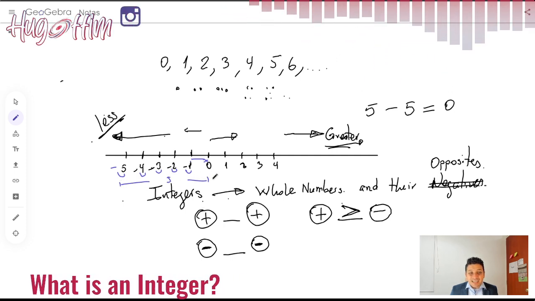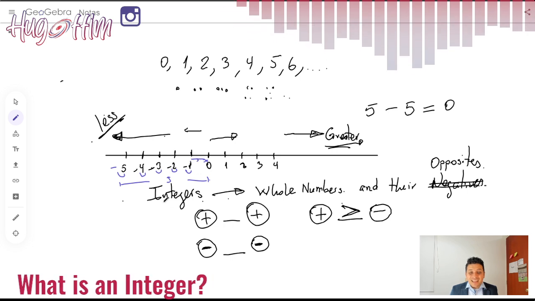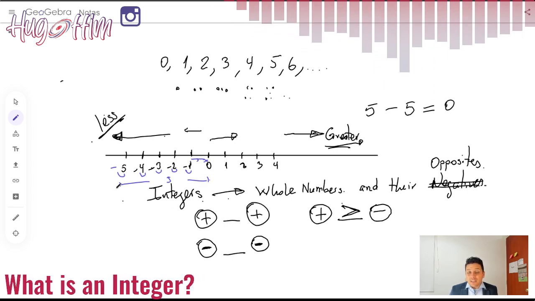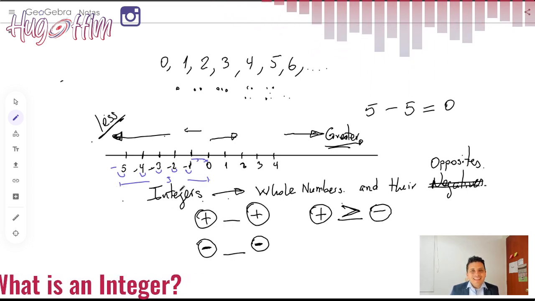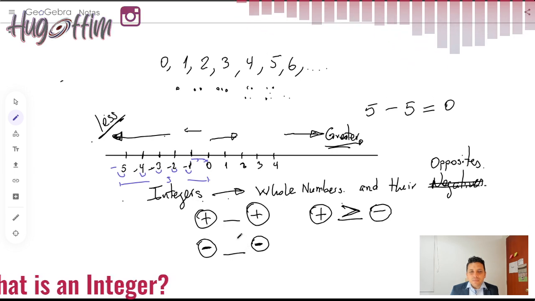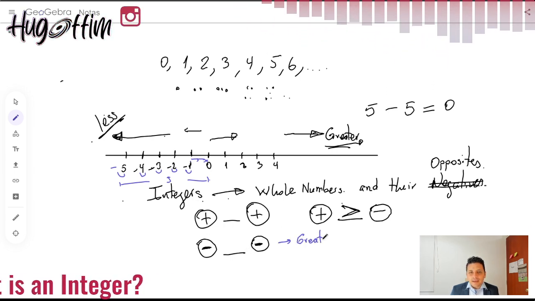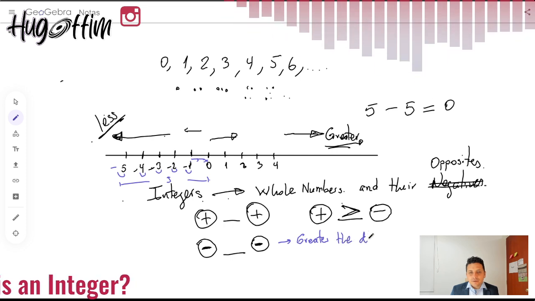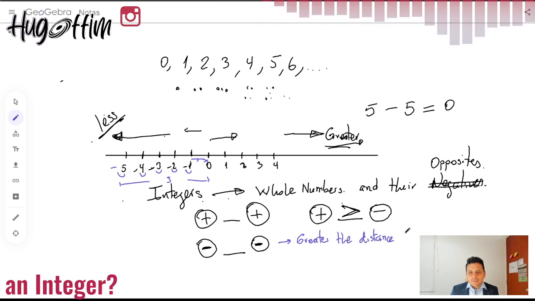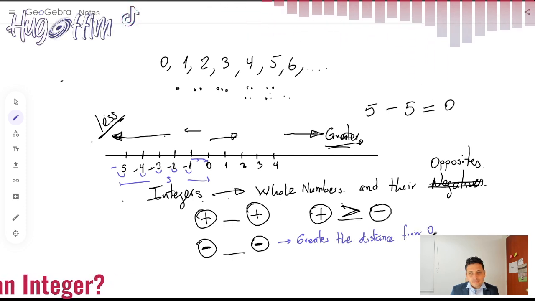So the greater the distance of the negative number from 0, the least the number.